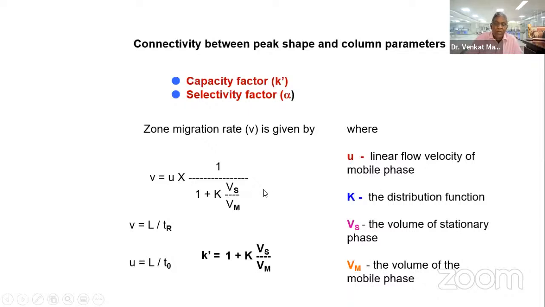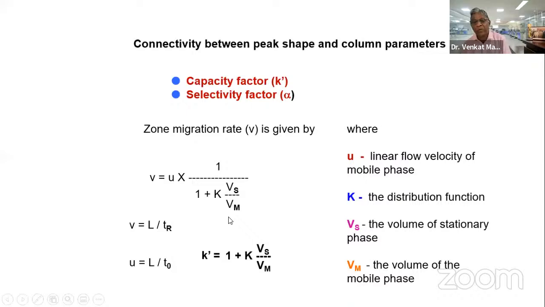This is a distribution function. Now, when it is being distributed, this distribution factor can be called the capacity factor. The velocity with which the solvent flows depends upon the length of the column and the retention time to which the compound is retained.